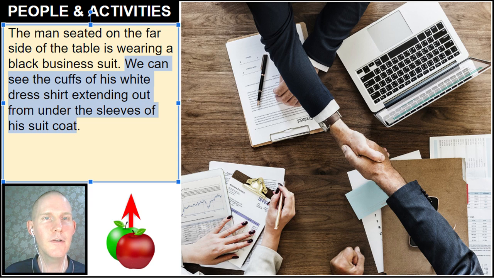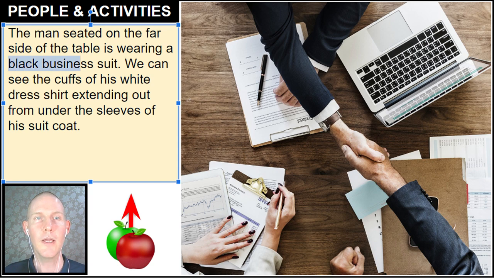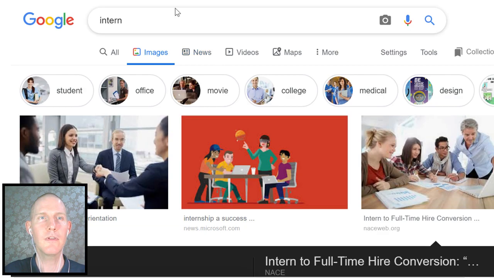Let's see. Okay, so first we establish that this guy on the far side of the table is wearing a black business suit, okay? We can see the cuffs of his white dress shirt. So we can see the white parts here, the end of his sleeve, right? Those are called the cuffs. And sometimes we have cuff links. Let's take a look. What are cuff links?